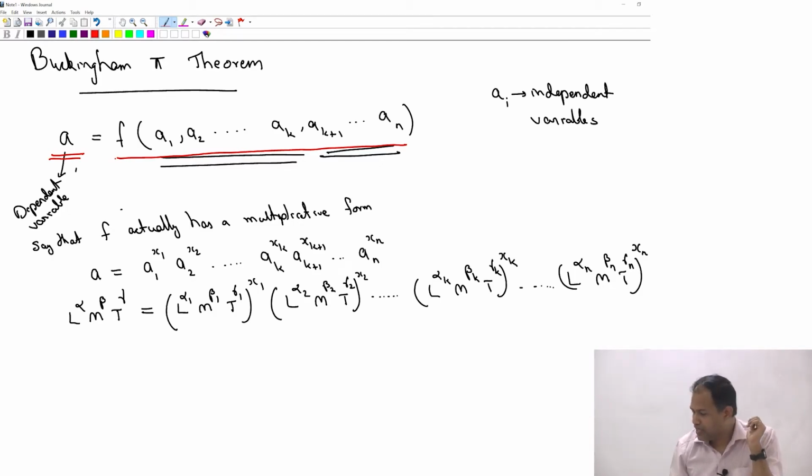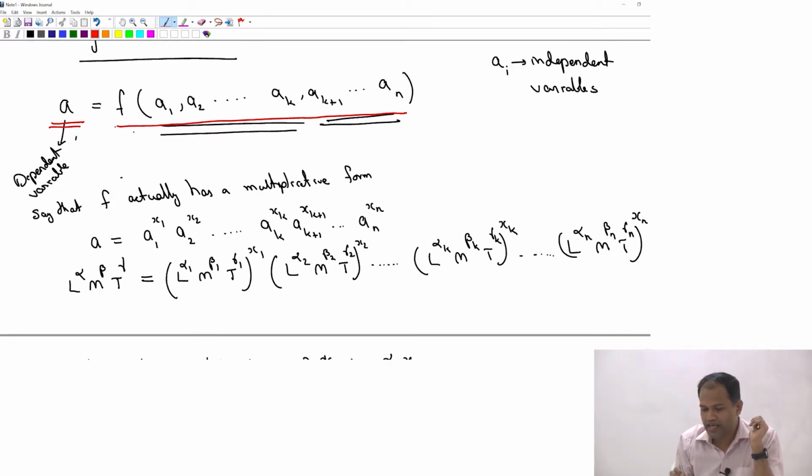To do that, let's say this function is actually of a multiplicative form. That is, the dependent variable small a is expressed as a product of powers of each of the variables: a1 to the power x1, a2 to the power x2, and so on.